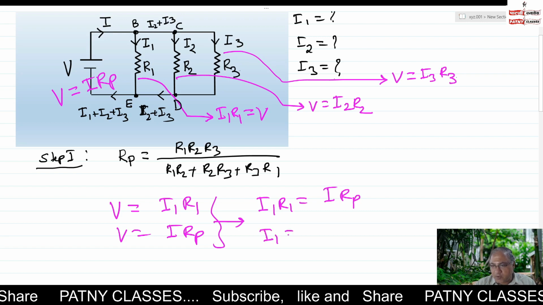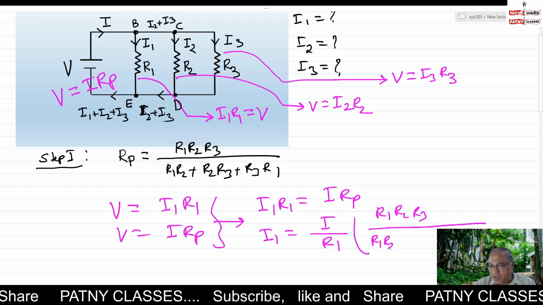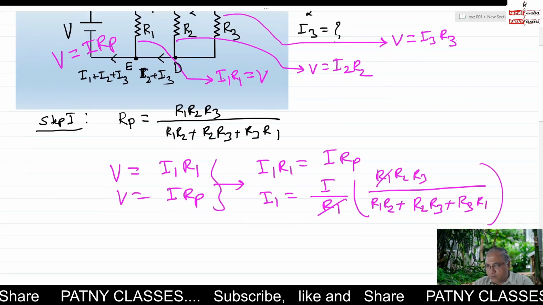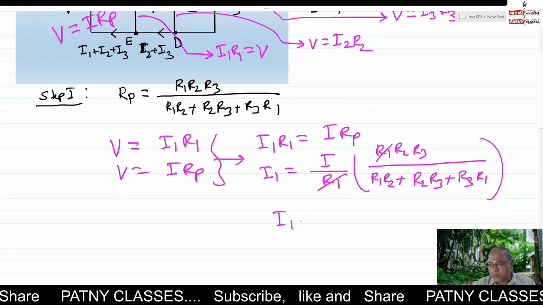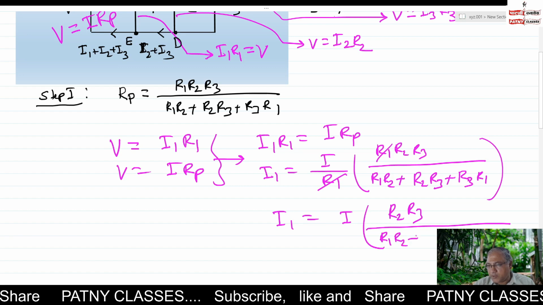Therefore, I1 equals I upon R1 times Rp, where Rp is R1 R2 R3 upon R1 R2 plus R2 R3 plus R3 R1. R1 and R1 get cancelled. Therefore, we get I1 equals I into R2 R3 upon R1 R2 plus R2 R3 plus R3 R1.